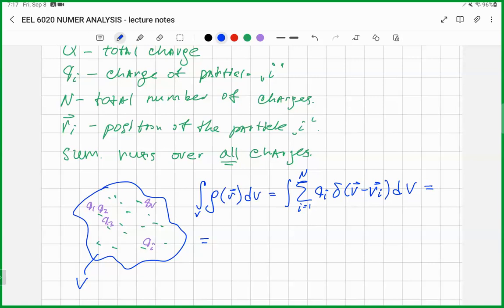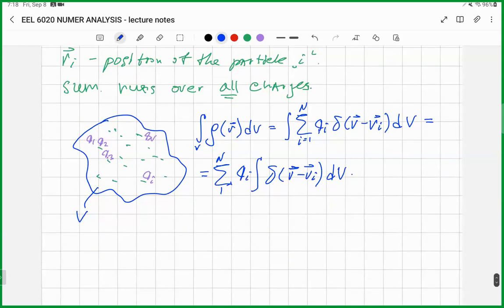The charge is constant and doesn't depend on coordinate, so I can take it out of the integral, as well as the summation sign.